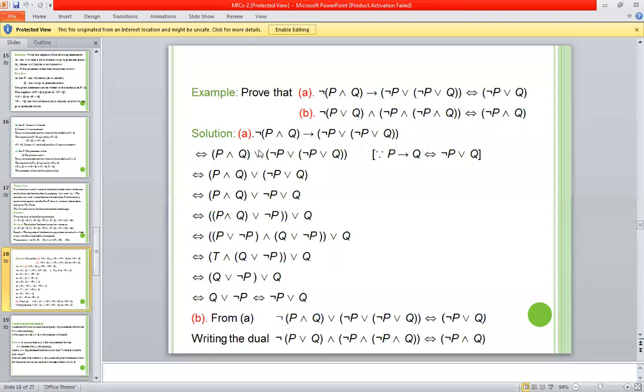So in the first problem, let us consider the LHS of the first formula: negation of (P and Q) implies negation P or (negation P or Q).